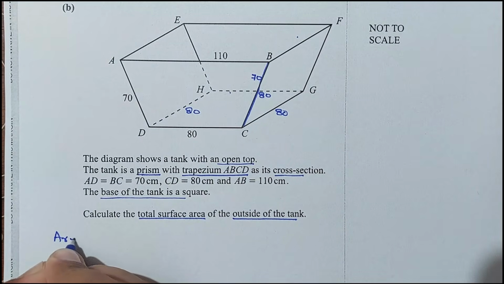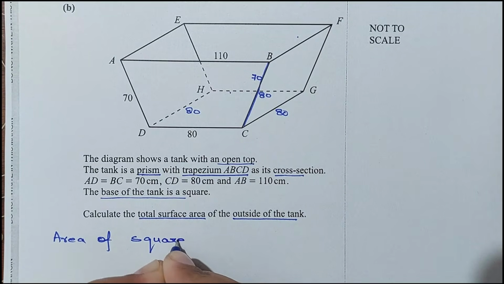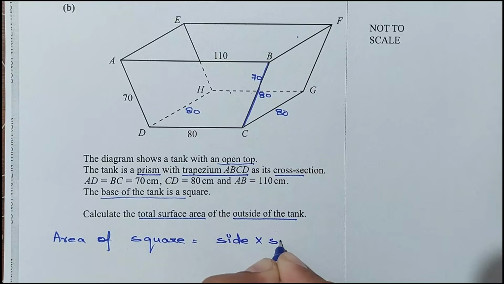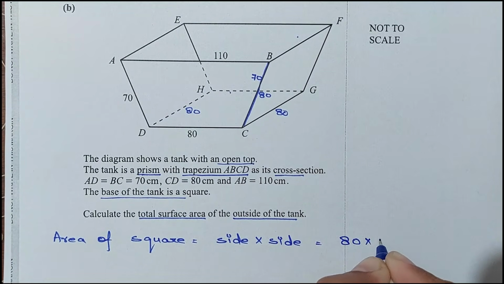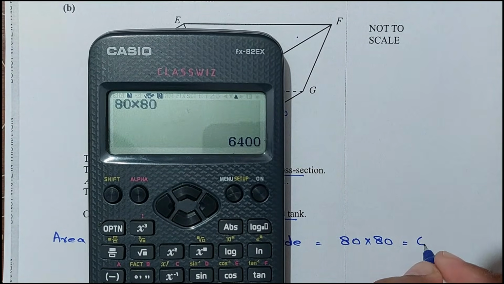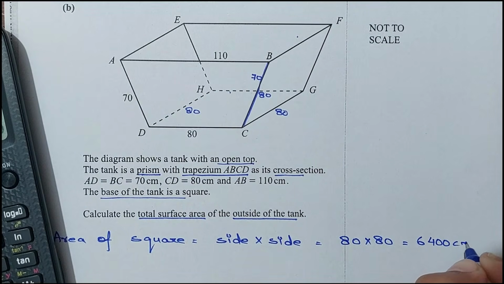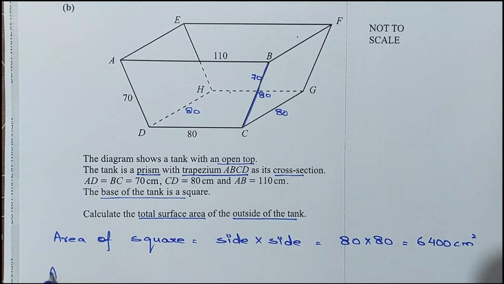So area of a square equals side times side, side squared basically. So 80 times 80. This would be the area of the square. That is the base. 80 times 80 is 6,400 centimeter square. Now the area of two rectangles.